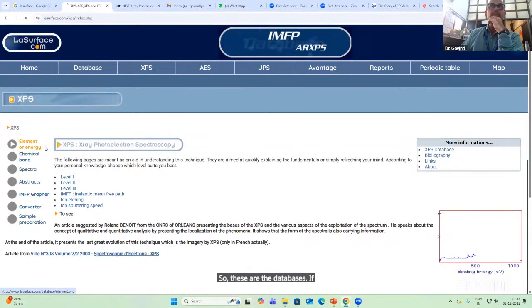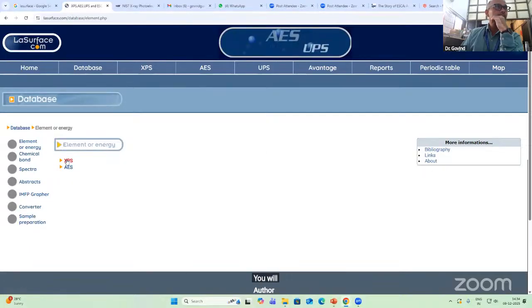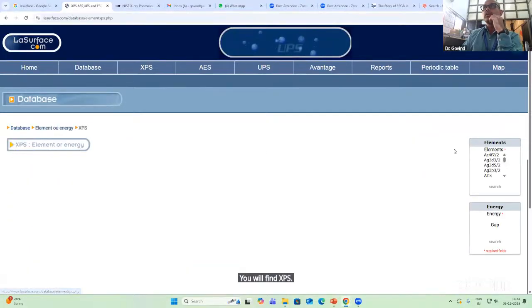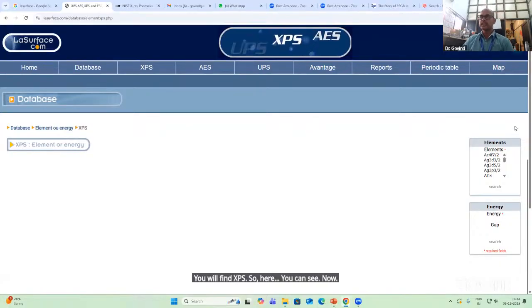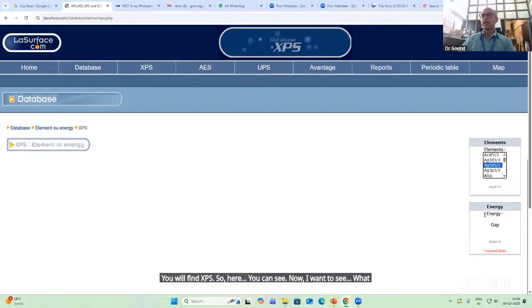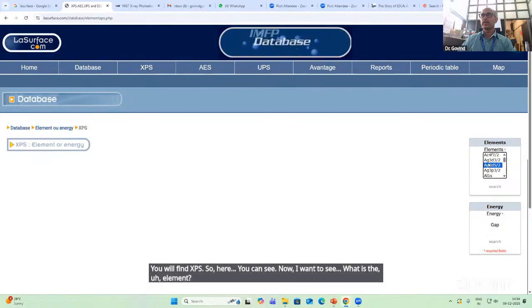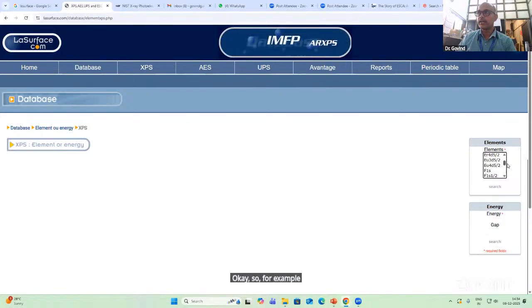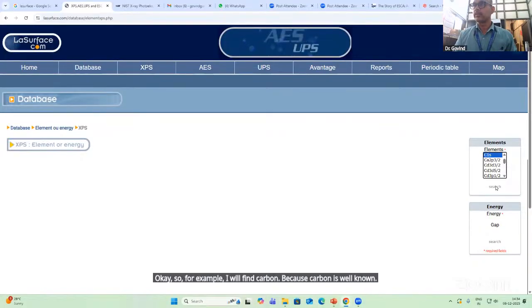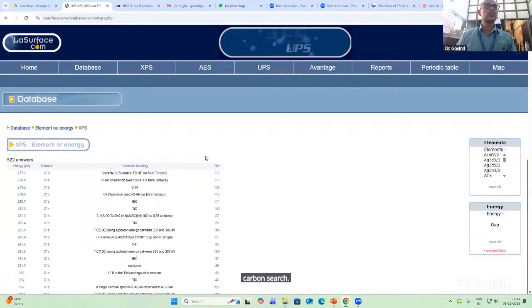If you go to the element, you will find XPS. So here you can see. Now I want to see what the element is. For example, I will find carbon because carbon is well known. Carbon search. So here you will get carbon.